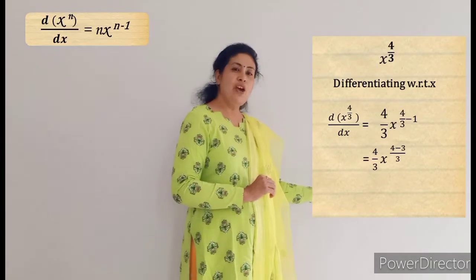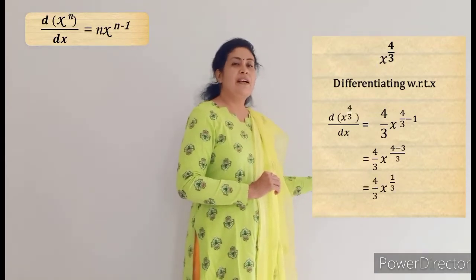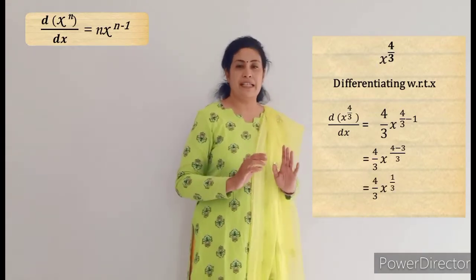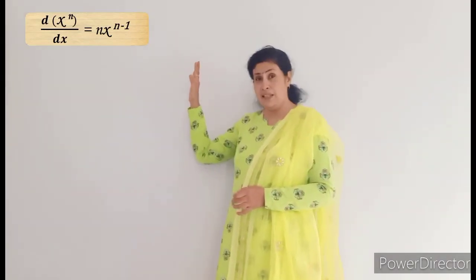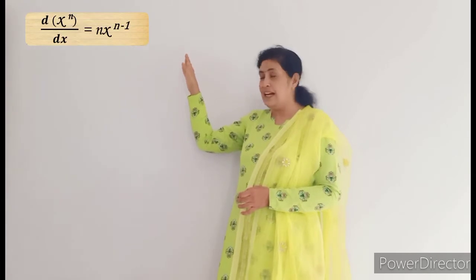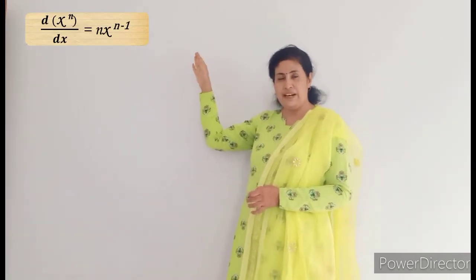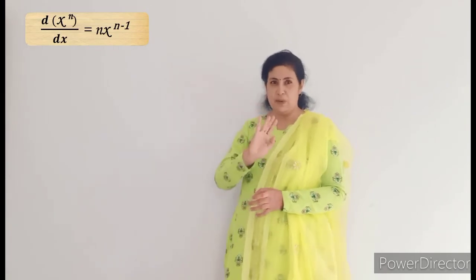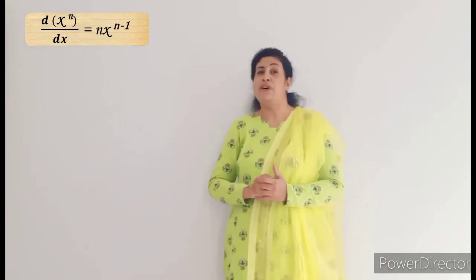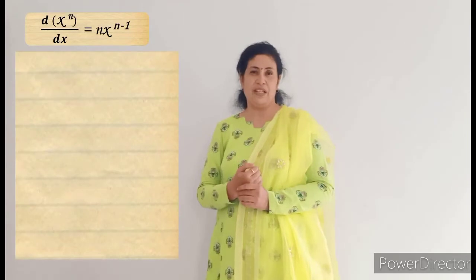So here it will be 4 upon 3 x raised to 1 upon 3. I hope with the examples this much is clear. If the derivative of x raised to n is needed, you have to do n x raised to n minus 1.